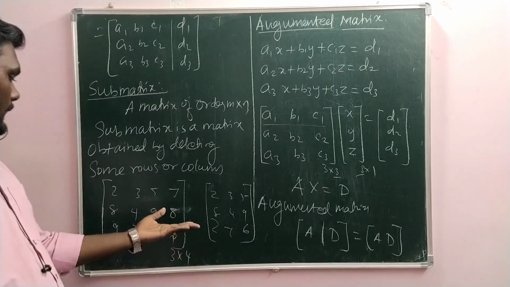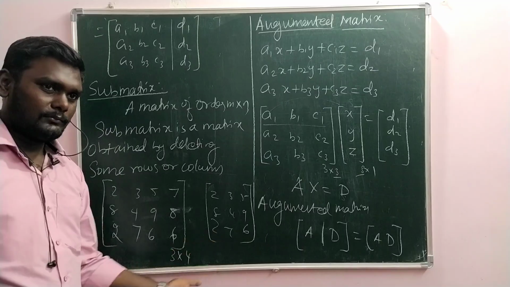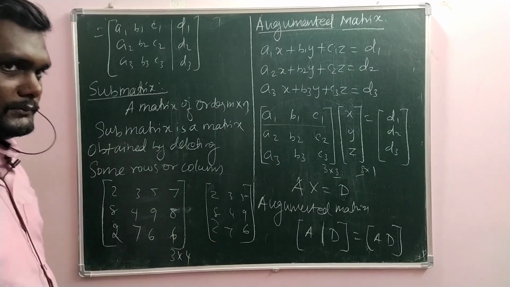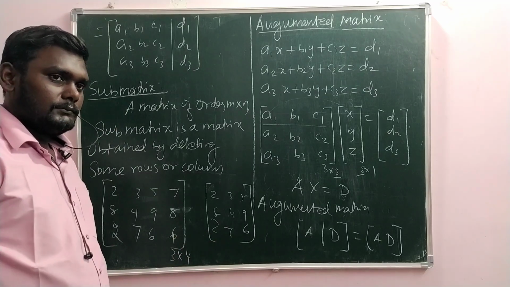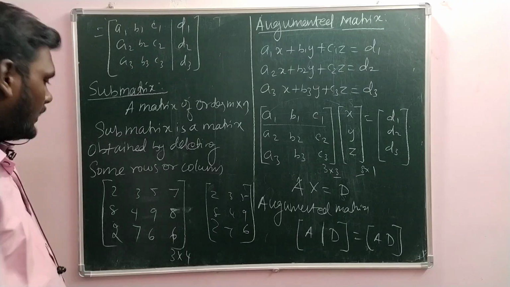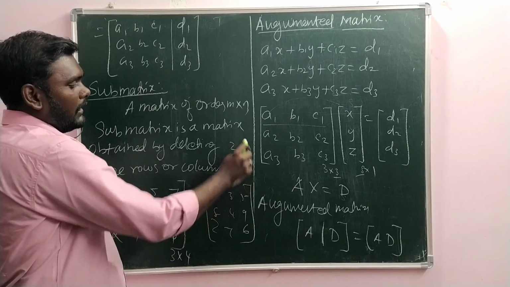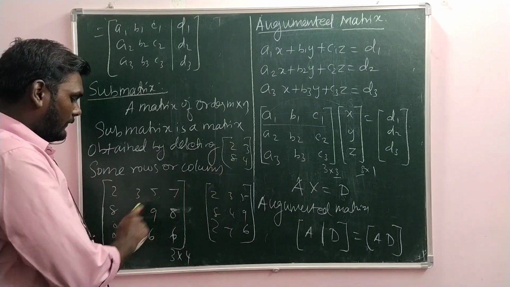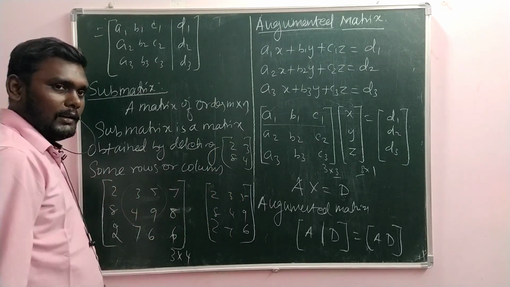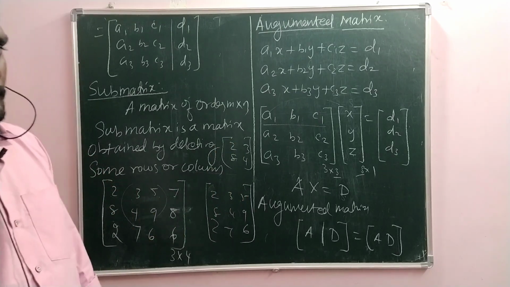I think while discussing determinants, I told you about minors, right? Or we can take a 2 by 2 submatrix also. A 2 by 2 submatrix means 2, 3, 8, 4 alone, or 3, 5, 4, 9 alone, anything you can take.